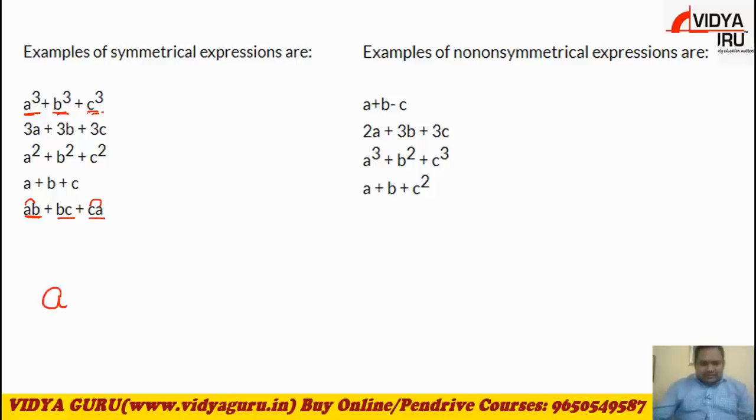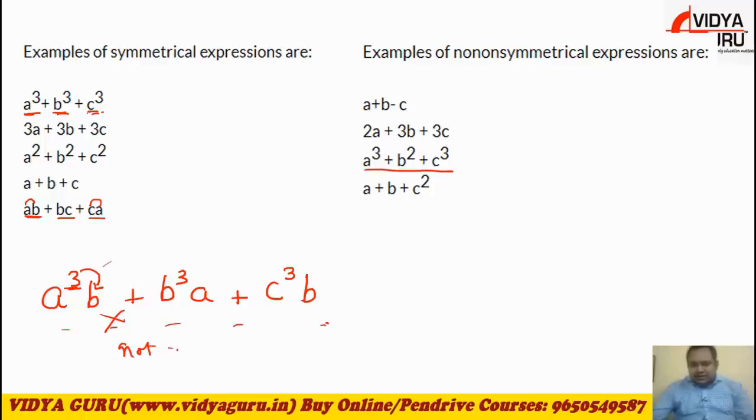Fine. Now suppose this is A cube plus B cube plus A plus C cube plus B. Is this expression symmetrical? No, this expression is not symmetrical, because A cube has partnered with B, but A cube did not partner with C. So these kinds of expressions are not symmetrical.